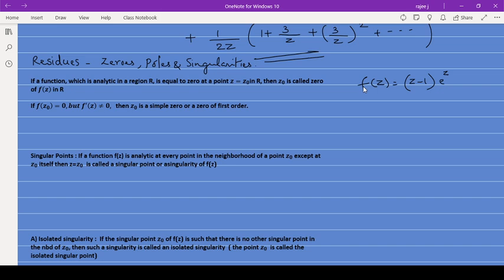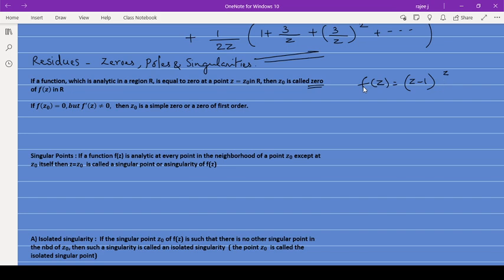Then the value of z which makes this function f(z) zero, that value of z, we call the zero of f(z).